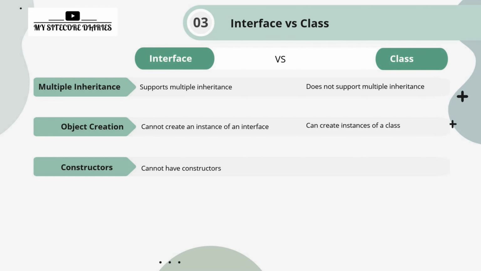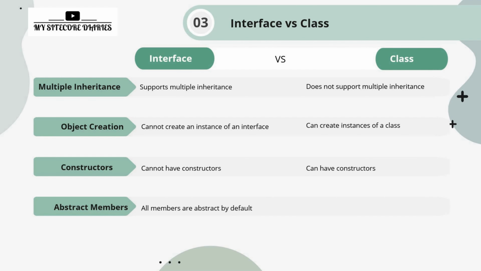Interface cannot have a constructor. Class can have a constructor. Abstract members. All members are abstract by default in interface. Class can have both abstract and non-abstract members. So this is the difference between interface and class. It's a very important question in the interview mostly. Okay, so you can go through all these points. Okay, interface versus class.